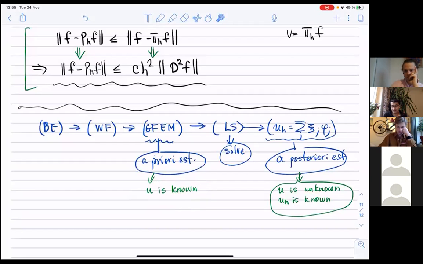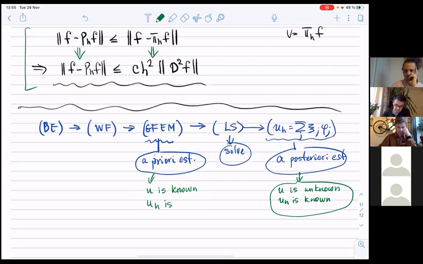We can estimate the error, at least for some functional, maybe not the pointwise error, probably it's not possible. But based on some kind of functional, we can do this approximation and estimation. This is called an a posteriori estimate. Okay, thank you.